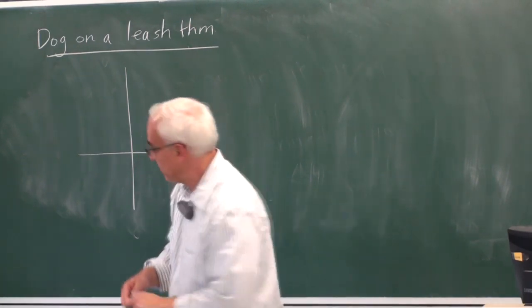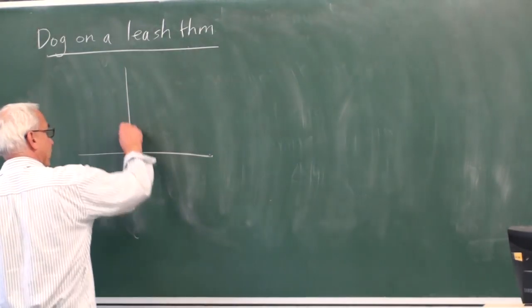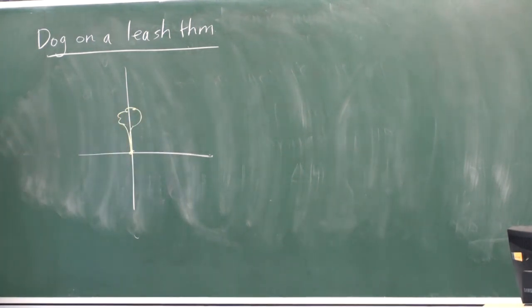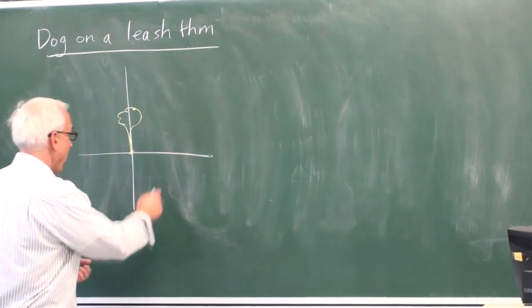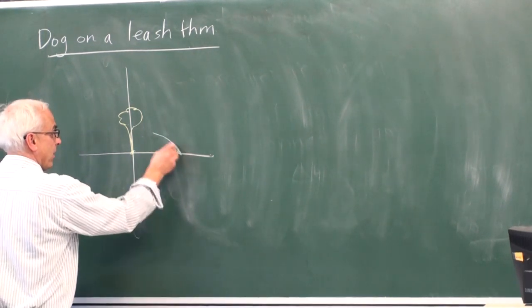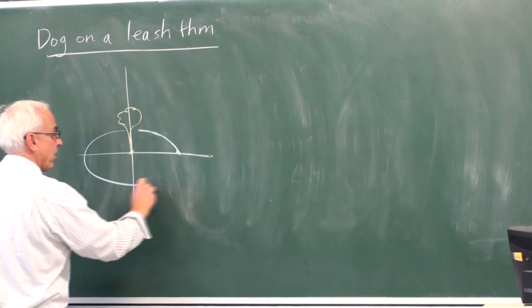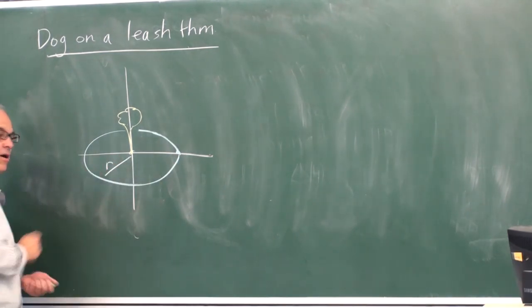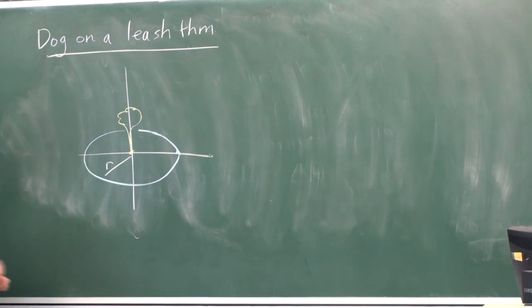We'll do it in green. All right, so here is a tree. And you are taking your dog on this walk, and it's going around the tree in a circle. And let's say that circle is a fixed circle of radius r. So you're walking along here.